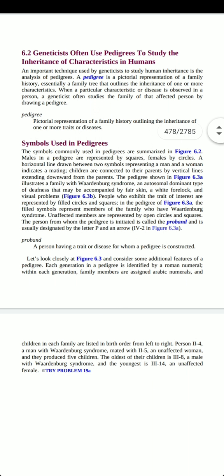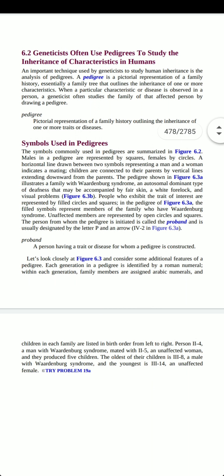So the geneticist, or genetic counselor, decides to draw the pedigree. He takes the person who has come to visit him as the proband with the condition, and then draws the pedigree, asking about the different family members of his having or not having color blindness.